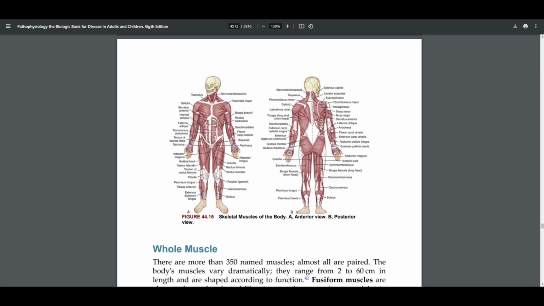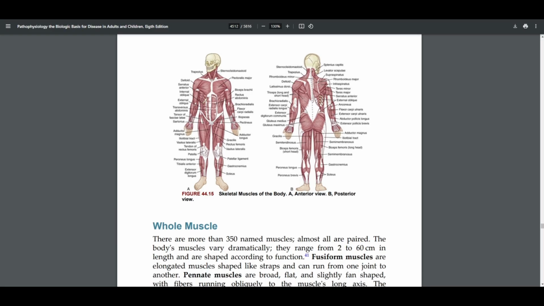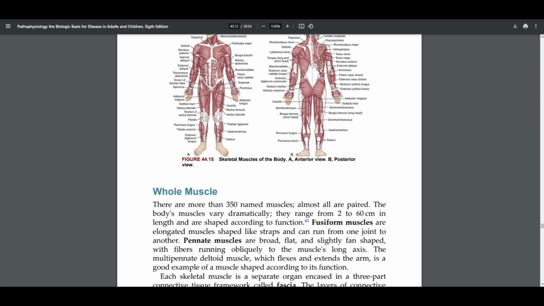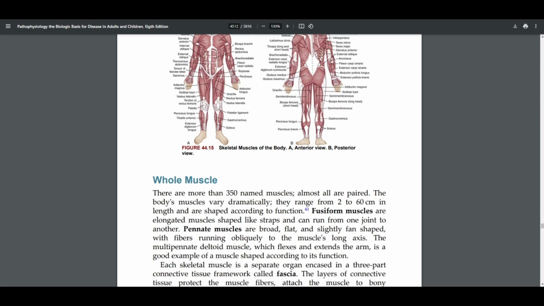Whole muscles. There are more than 350 named muscles. Almost all are paired. The body's muscles vary dramatically. They range from 2 to 60 centimeters in length and are shaped according to the function. Fusiform muscles are elongated muscles, shaped like straps, and can run from one joint to another.